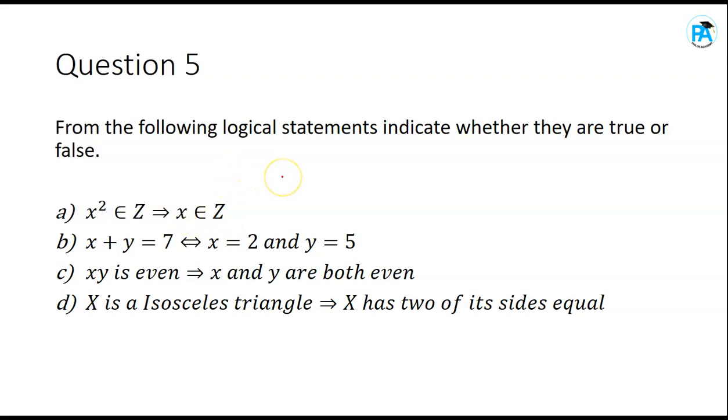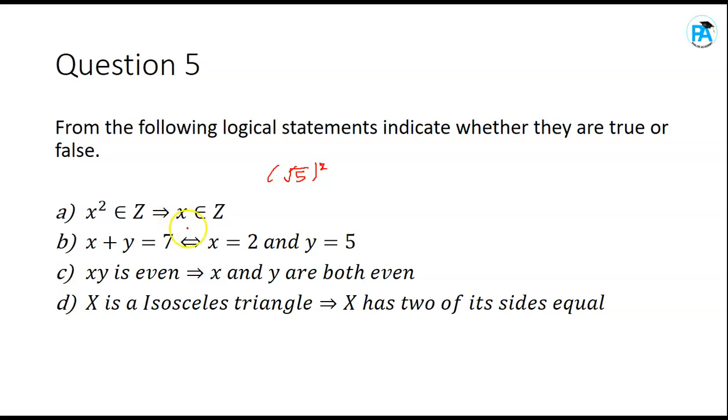Let's take the square root of 5, for example. Let's assume x is the square root of 5. The square root of 5 squared gives you 5, because the square cancels the square root. So x squared is an integer.